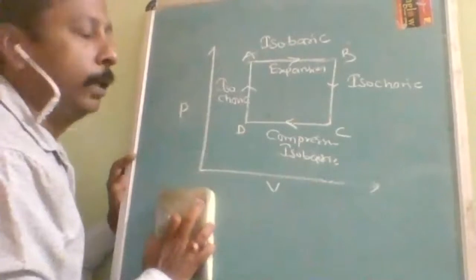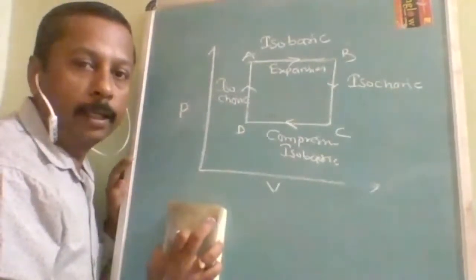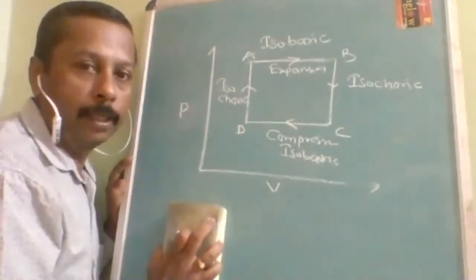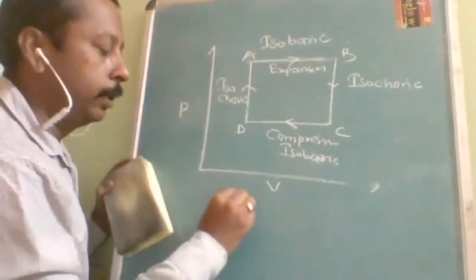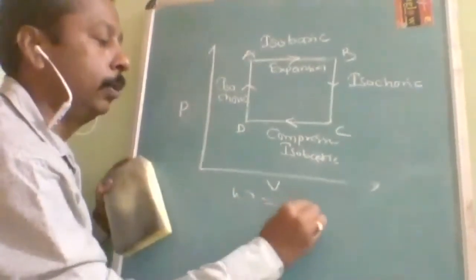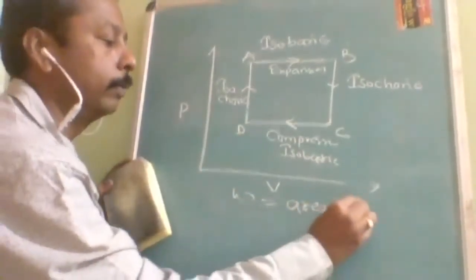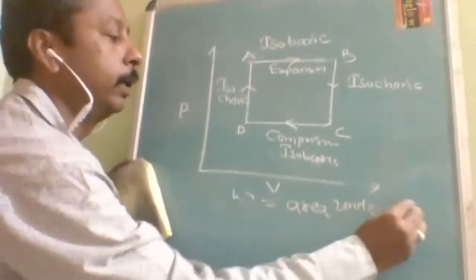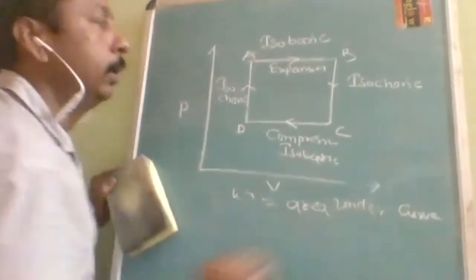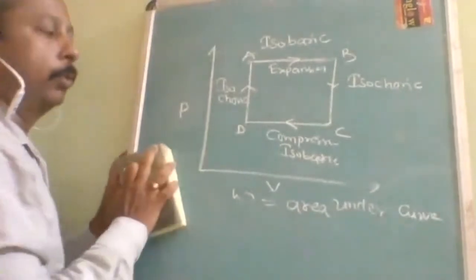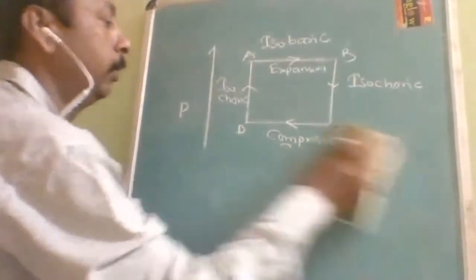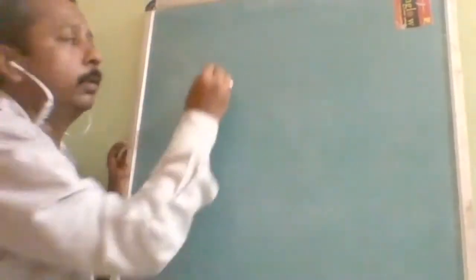And area under the curve will decide the work done. Work done is directly proportional to area under the curve. So if the area under the curve is more, then the work done also will be more. Is it understood? Now, the same process can always be carried out reversibly and irreversibly.